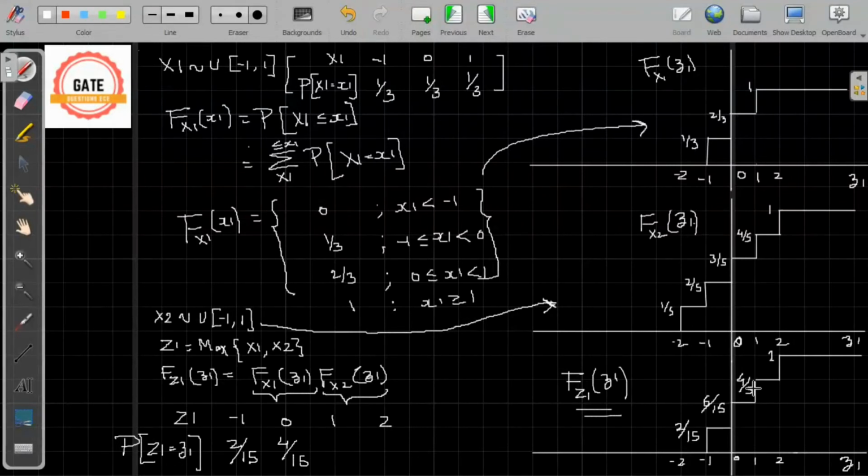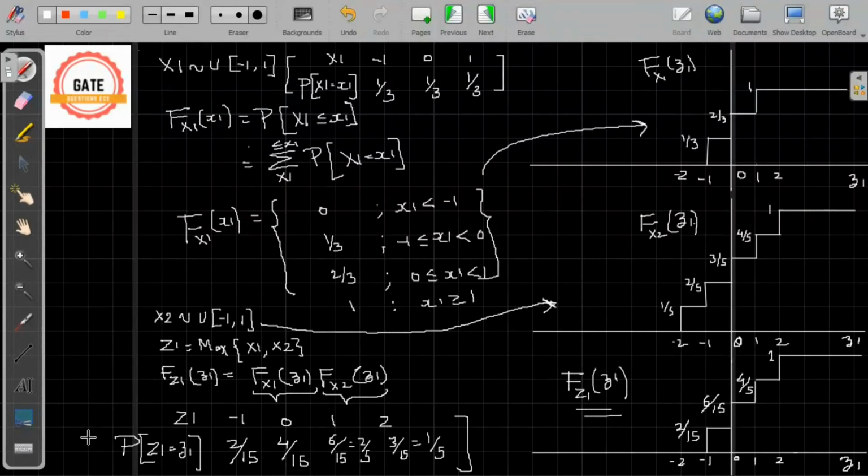So 4 by 5 we can write 12 by 15 minus 6 by 15 is 6 by 15, which is nothing but 2 by 5. For value 2, its step size is 15 by 15 minus 12 by 15. So it is 3 by 15, which we can write as 1 by 5.